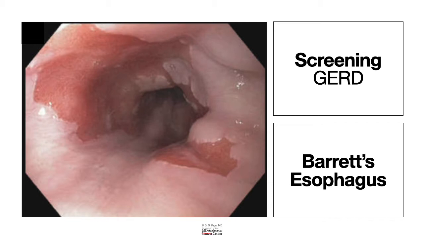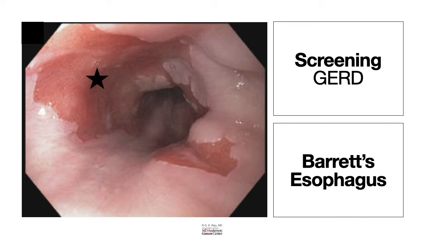When you perform endoscopy in patients with long-term acid reflux symptoms to check for Barrett's, this is what you see: pink lining of the esophagus and the beefy red stomach lining or a columnar lining extends up into the esophagus.